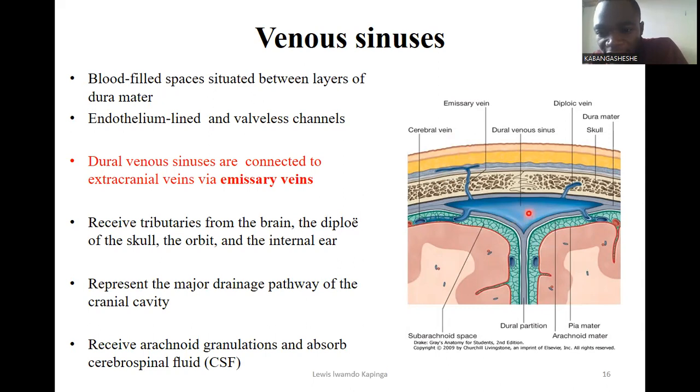When there's infection here, definitely there will be pachymeningitis first, infection and inflammation of the dura mater. Then it can be followed by leptomeningitis, where the arachnoid as well as the pia mater are affected. Eventually, the brain also becomes affected in encephalitis. So that is possible because of these emissary veins that communicate with the central nervous system.